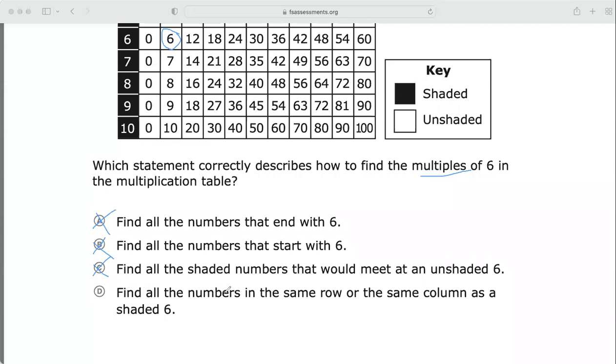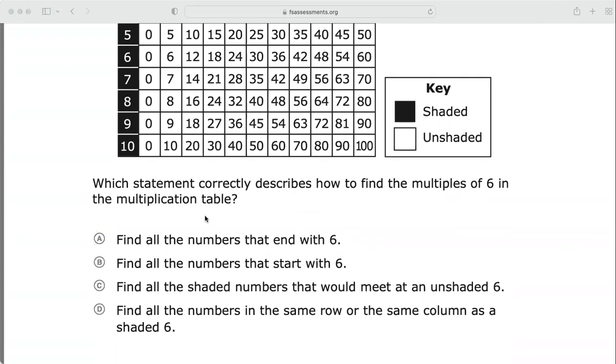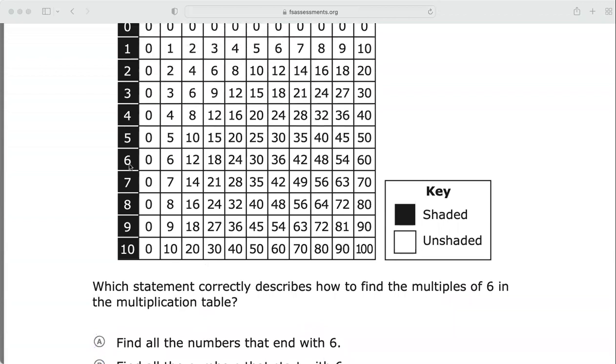Okay, find all the numbers in the same row or the same column as a shaded 6. So if we look at a shaded 6 over here, and follow this whole row, these are all multiples of 6 in the unshaded part.